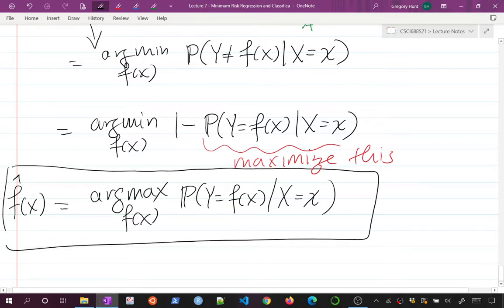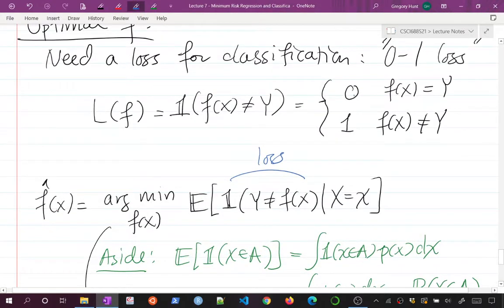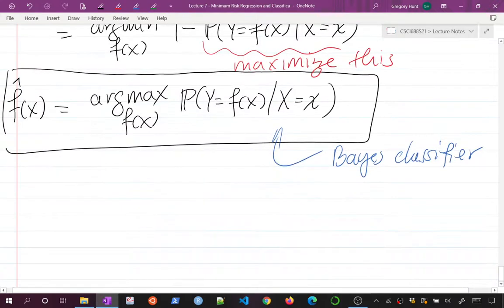So I did that pretty quick, but I spent a lot of time in the first one, so I don't want to belabor the point too much. So this is what's called the Bayes classifier. And it came from the fact that we chose a 0-1 loss, which is basically saying that would be the optimal thing to do.